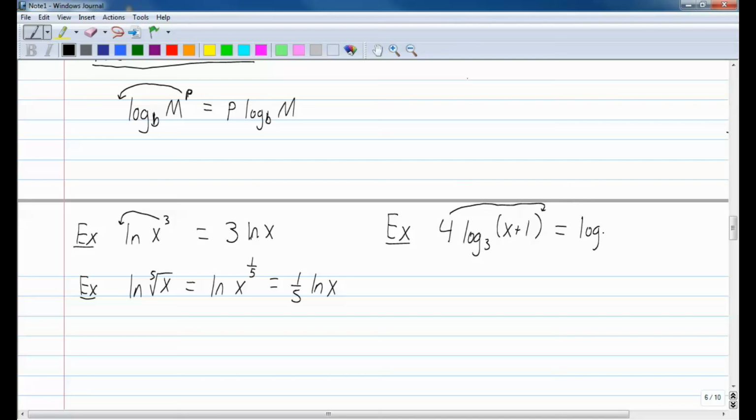So that's the same thing as log base 3 of x plus 1 raised to the 4th power. So I can use the power rule both ways. So that is the product rule, the quotient rule, and the power rule for logarithms.